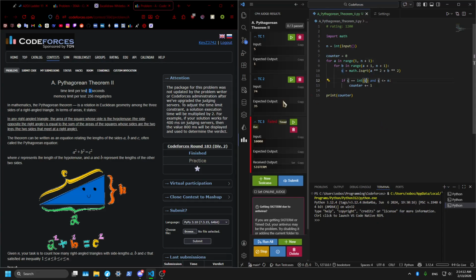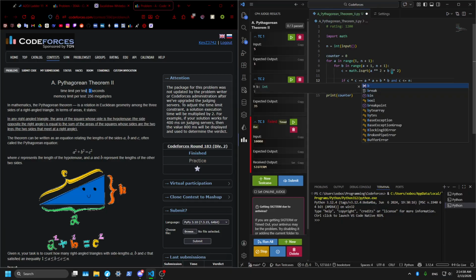Oh, but then this check won't work right, so instead of this, if c times c equals a times a plus b times b, this feels giga redundant.